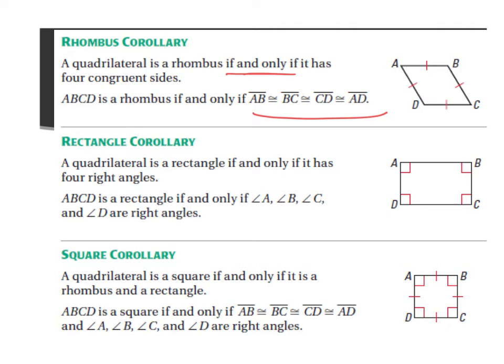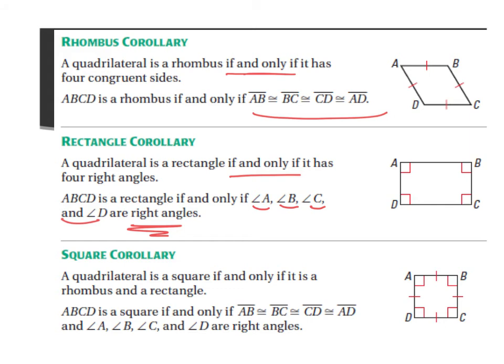Then the rectangle corollary. A quadrilateral is a rectangle if and only if it has four right angles. We just saw this on the previous slide, but again, it's now presented as a corollary. And here they're showing that angles A, B, C, and D are all right angles.